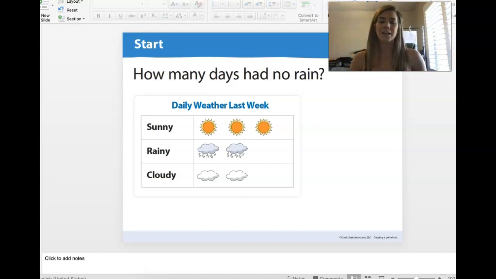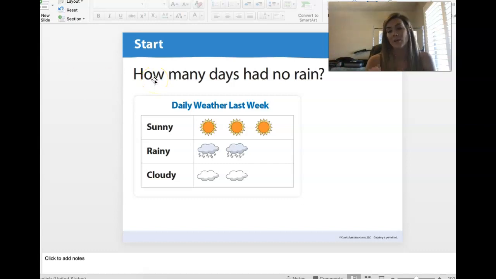How many days had no rain? There are a couple words in there that will help you to understand what you're looking for. Those key words were had no rain.